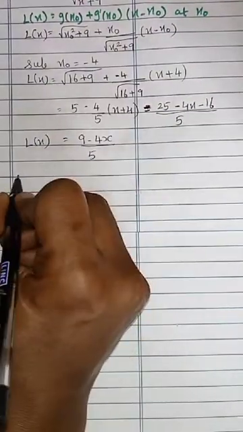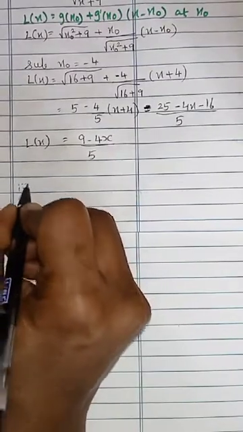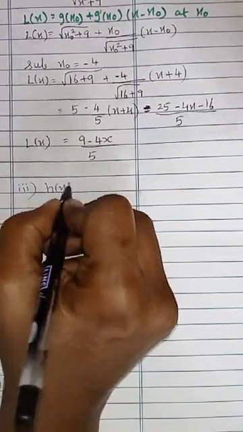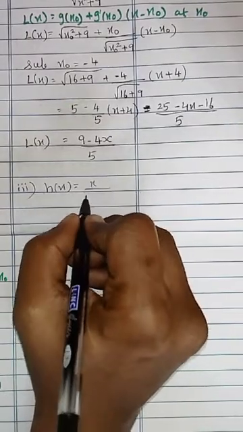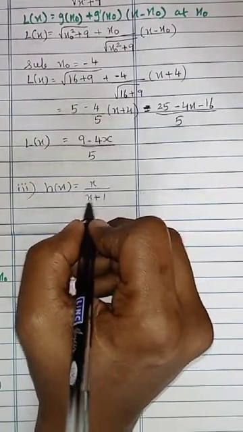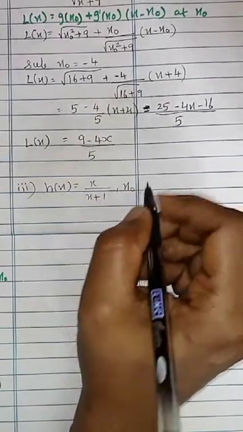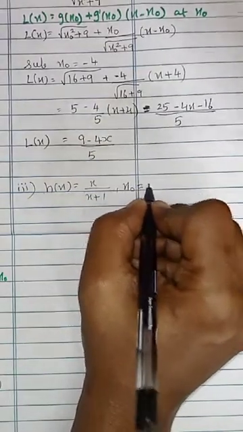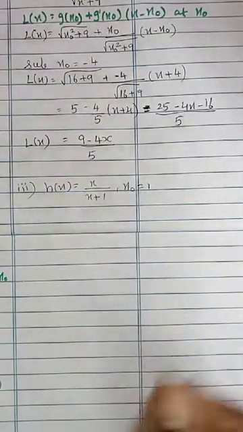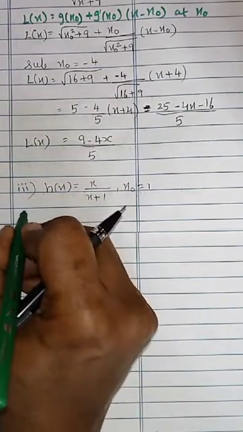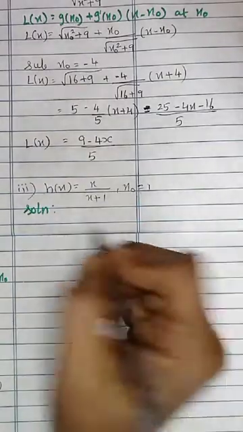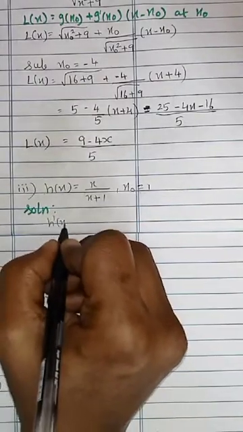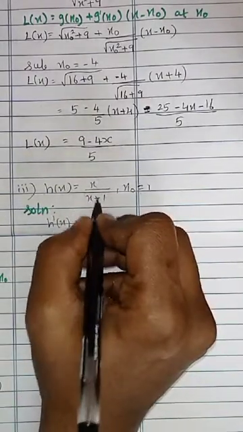Now, third subdivision. h of x equals x by x plus 1 at x naught equal to 1. First, what we have to do? We have to find h dash of x. So h dash of x, this is the u by v method.